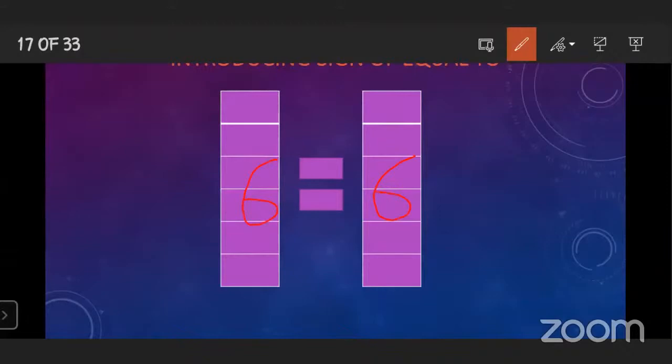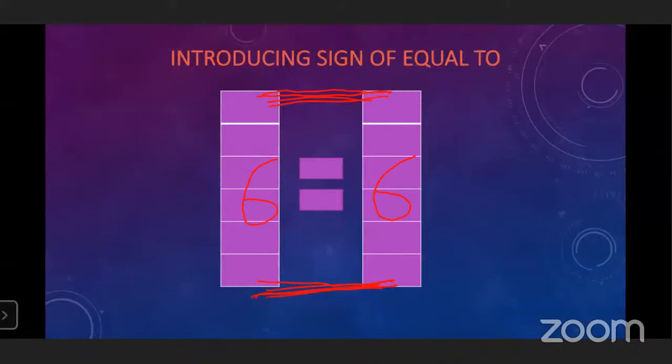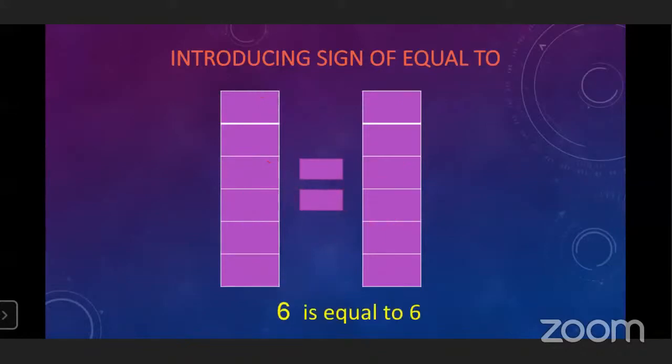So if you draw the line from the end point of the boxes, you will get the sign is equal to. When both side numbers are equal, we can use the is equal to sign.